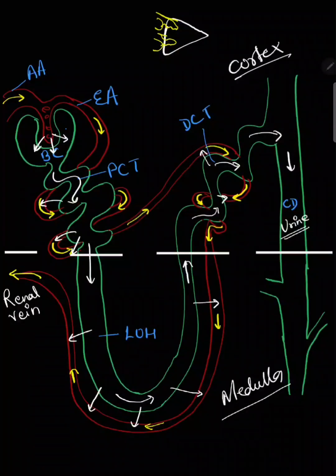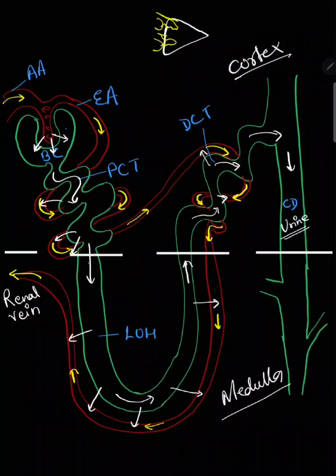Now, the structure of the nephron also varies. It does not mean that all nephrons will be exactly like this. Nephrons can be of two types depending upon the length of the loop of Henle.